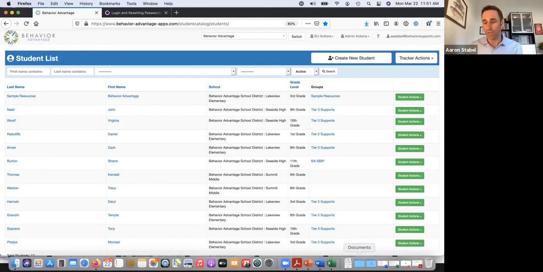A couple of our partnerships range from an ESA saying, I just want our clinical support staff to have that, and they're going to use it in their work with the school districts that they support. And then we have other partnerships where we're working with the ESA or the ESC to expand access to the school districts that they work with.